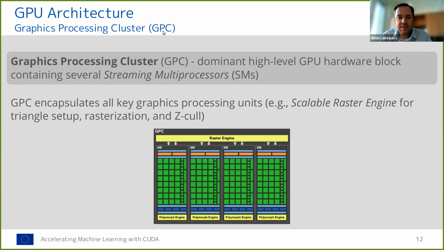The graphics processing cluster, of course, does not support only computing capabilities, but the main intent for a graphics processor is still to provide computer graphics functionality. Therefore the graphics processing cluster contains all the key graphics processing units and subblocks, including the rasterization engine and related subblocks.